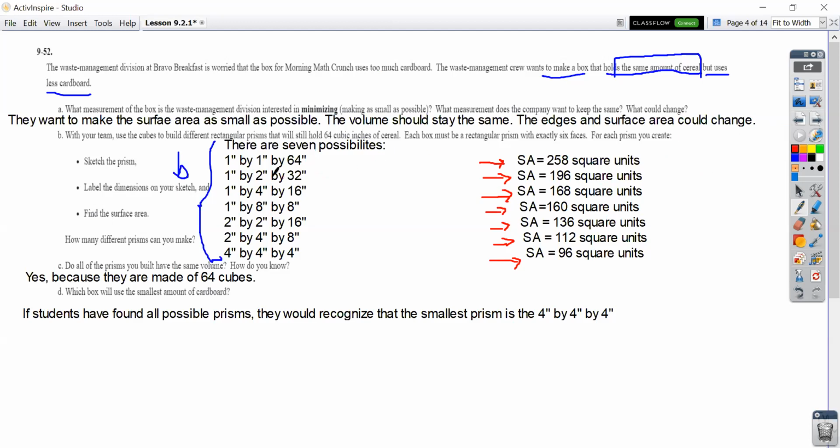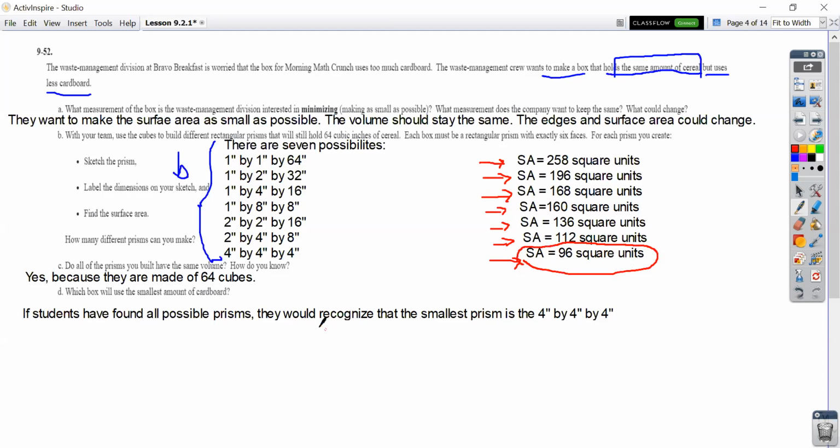You notice that they all have exactly the same volumes. These past 7 possibilities all have the same volumes because the companies want to make the box hold the same amount of cereal, but they want to find out which one uses less cardboard. So on question D, we find out this one has the least amount of surface area, which is 96 square units.